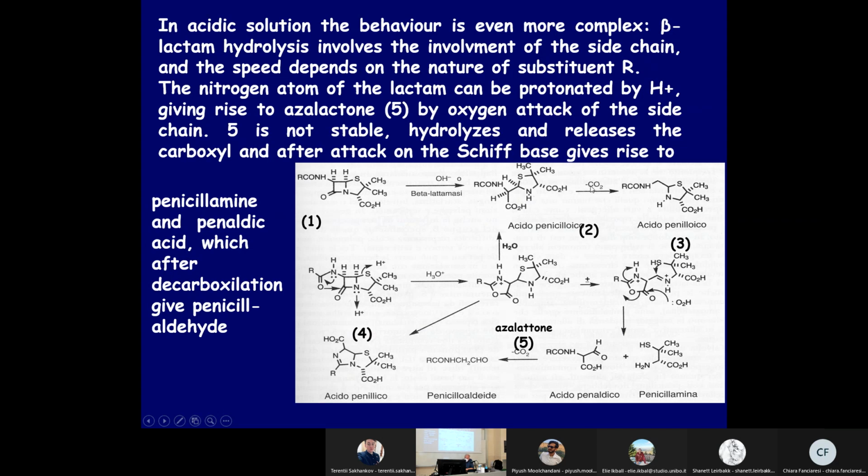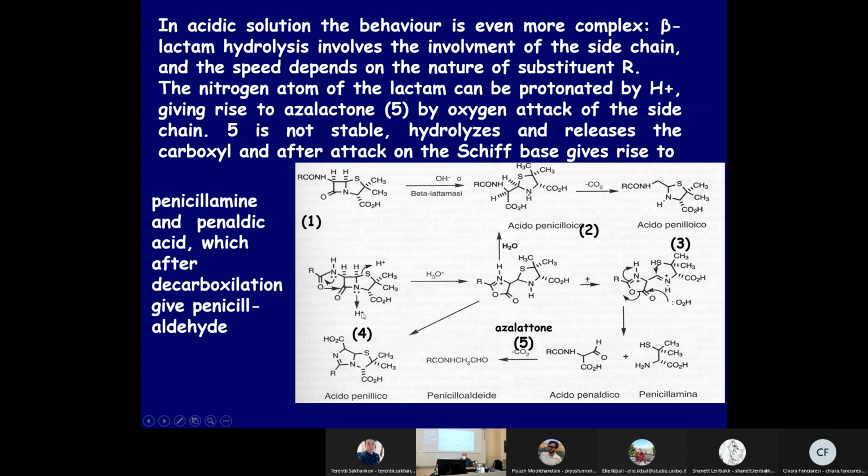Loss of carbonic anhydride, and so you get penicilloic acid. This is in basic condition. In acidic condition, the situation is more complex.